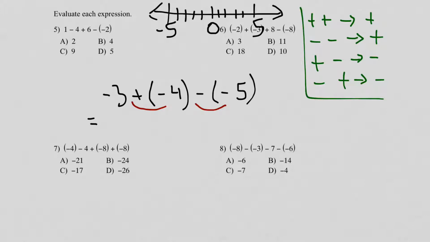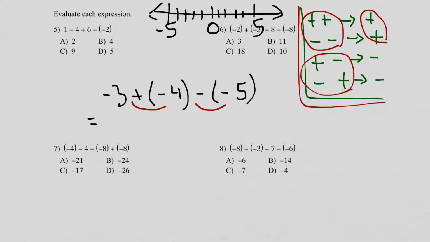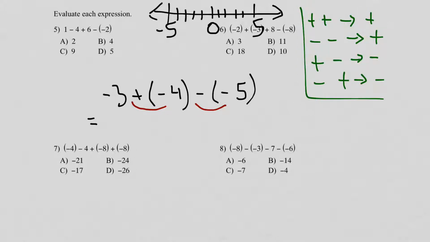So to resolve those, we use our multiplication rules, where two positives make a positive, two negatives make a positive, and a positive and a negative makes a negative, and so on. A little shortcut you might like to think of is that when two signs are the same, the result is positive or addition. When the two signs are different, the result is negative or subtraction.